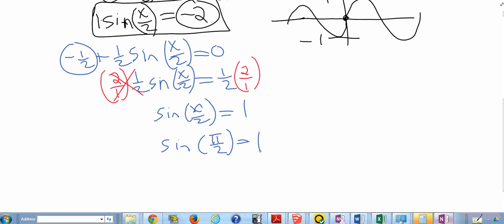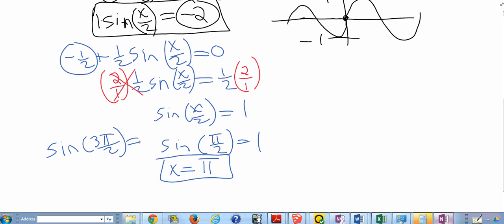So when x equals pi, it makes it true. But what about when x is, say, 3 pi over 2? It's not a positive one. Sine of 3 pi over 2 equals a negative 1, right?